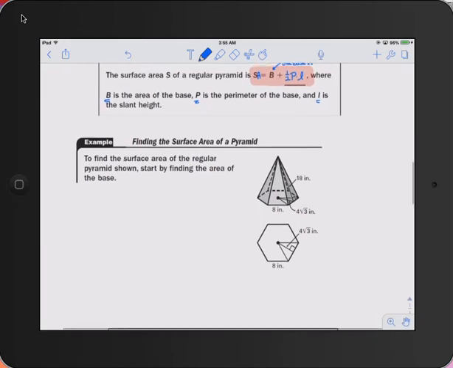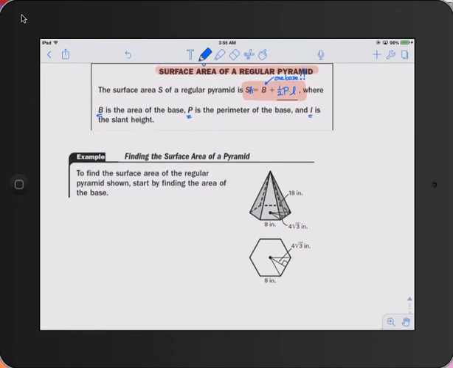Okay, so for this pyramid, in addition to the 3D object there, I drew for you the base as you're looking down on it. It's helpful to either redraw that or at least draw the little apothem triangle so you have something to work with.